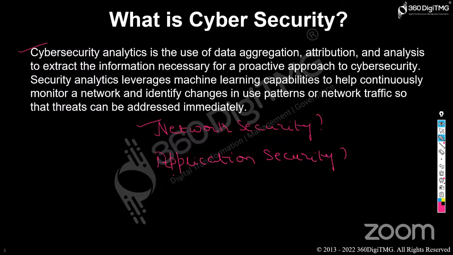A compromised application could provide access to the data which it is designed to protect. Successful security begins in the design stage of an application, well before a program or a device is deployed. That is your application security.